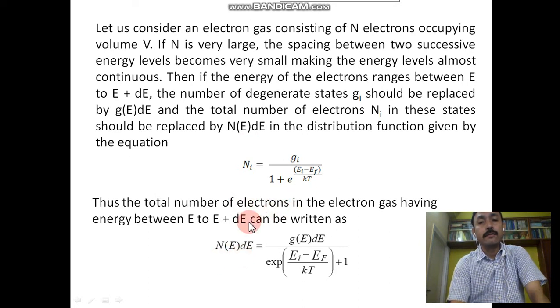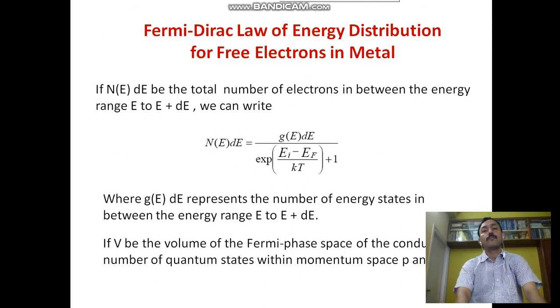That means within the energy level E and E plus dE, and Gi quantum states in G(E)dE. And this is equal to G(E)dE divided by e to the power (Ei minus Ef) by kT plus 1. This is the Fermi-Dirac law of energy distribution for free electrons in metal.